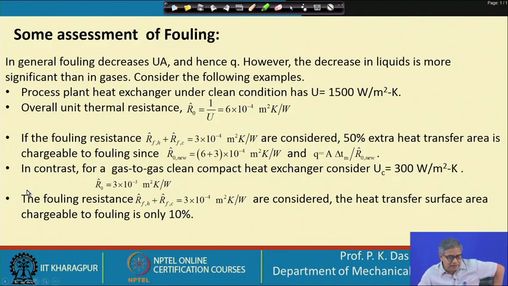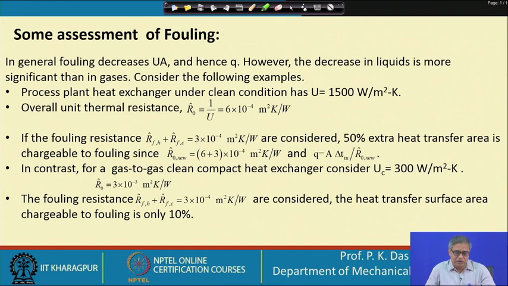We go to the next slide. So, some assessment of fouling. In general, fouling decreases UA. U, the capital U, is the overall heat transfer coefficient. There is a decrease in overall heat transfer coefficient because a new resistance element is coming into the picture. Probably two new resistance elements will come into the picture, because two fluids are flowing, separated by a solid surface, and on both sides of this solid wall there will be deposition of fouling.